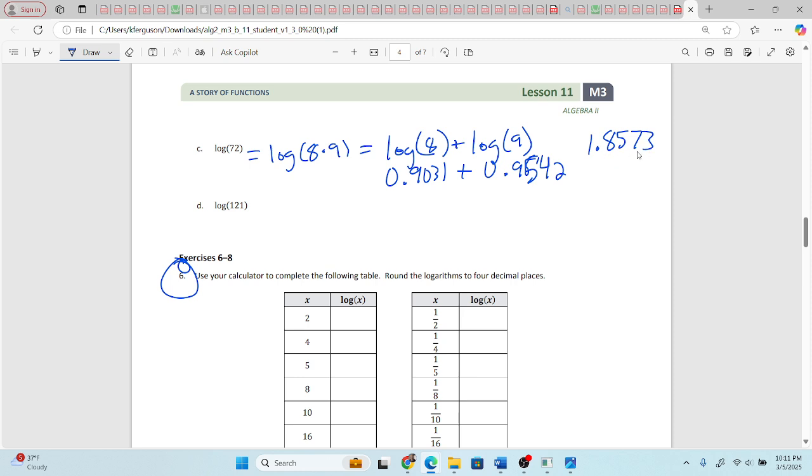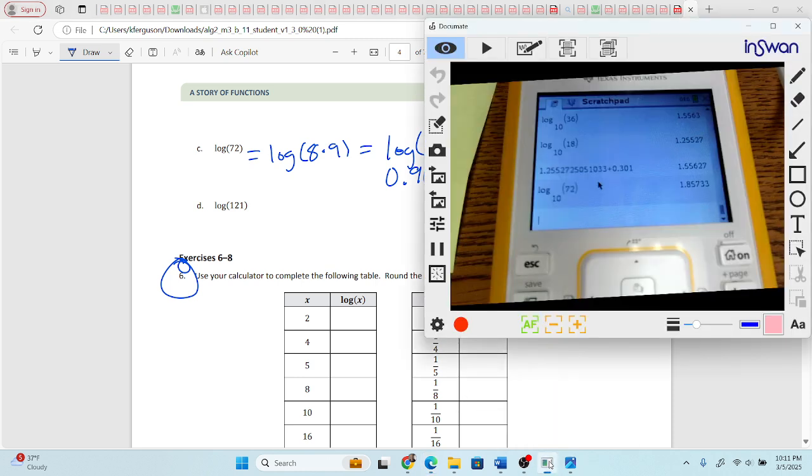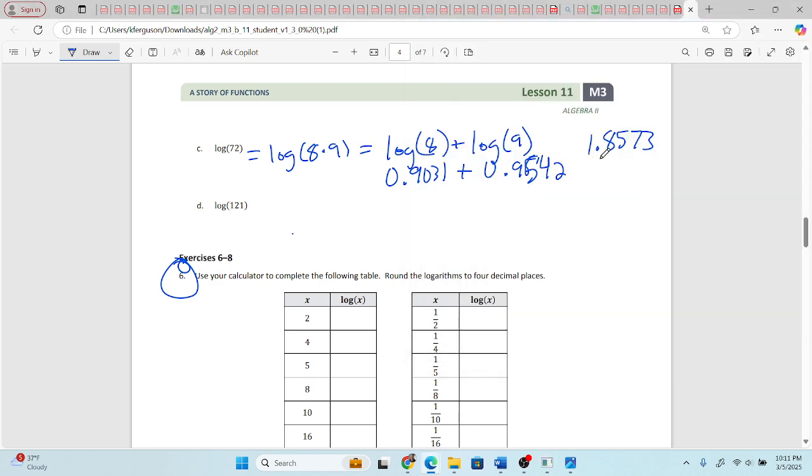Let's see with the handy dandy calculator how close we are. So I'm going to do control, log base 10 of 72. So that is 1.8573. And that is 1.8573. So you see what I'm saying?